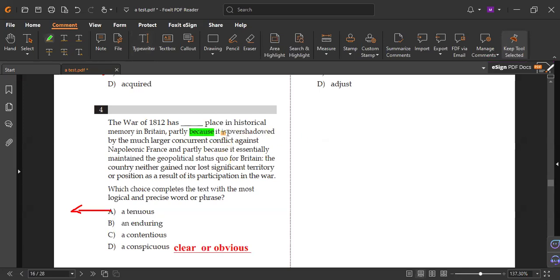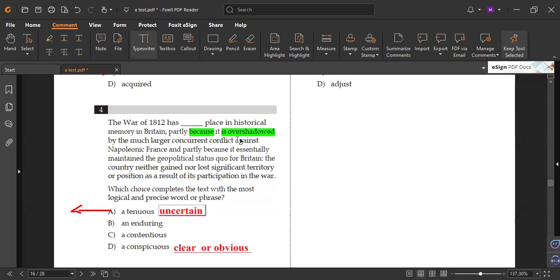It says it's overshadowed. What does overshadowed mean? You cover it, you hide it, you make it unclear. It's not proved yet. That's why A means uncertain. Uncertain means we are not sure. It's not proved yet. Do you see it?